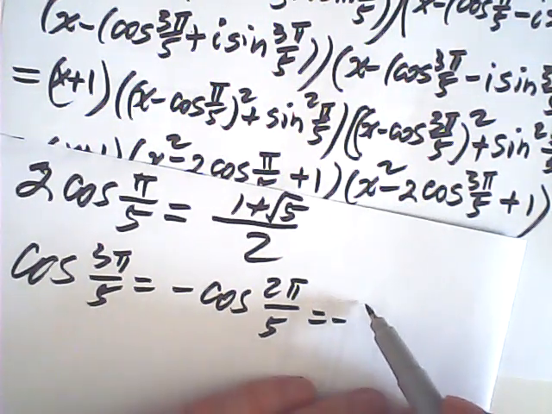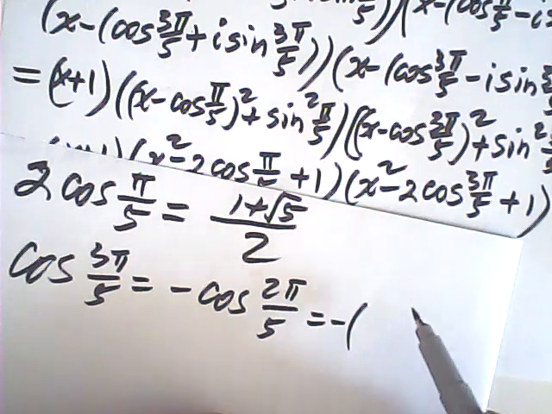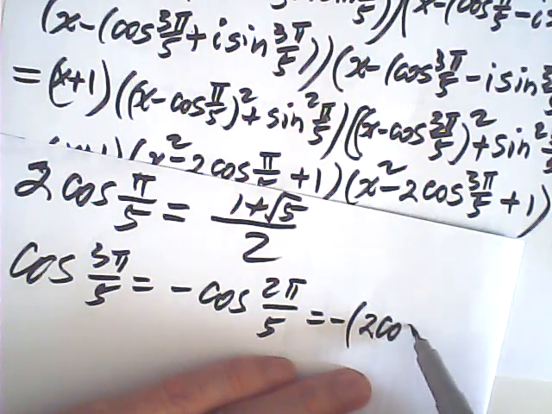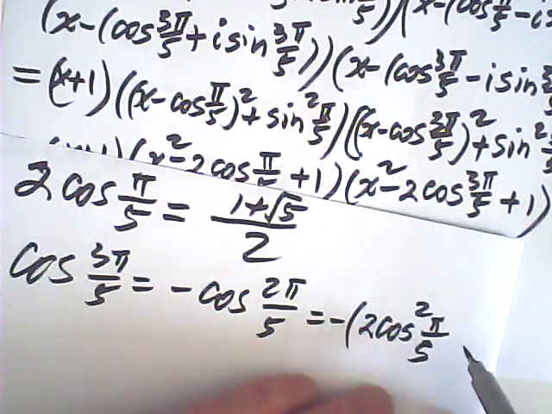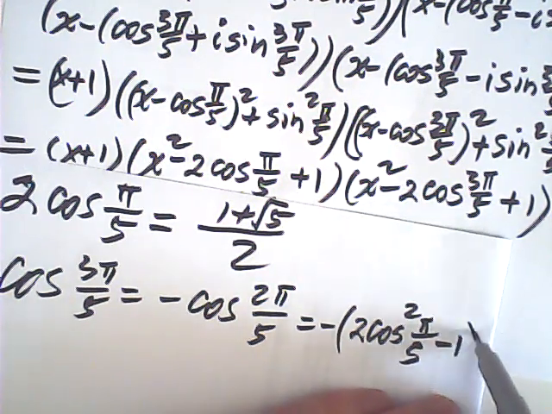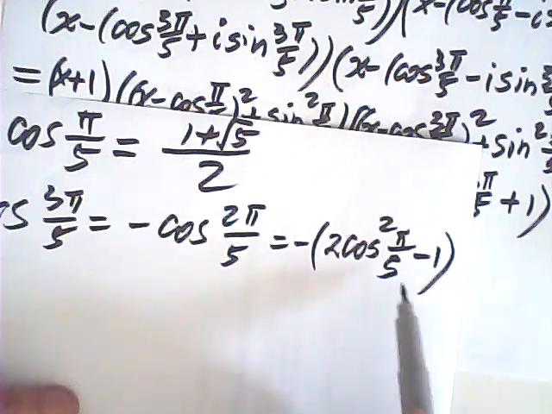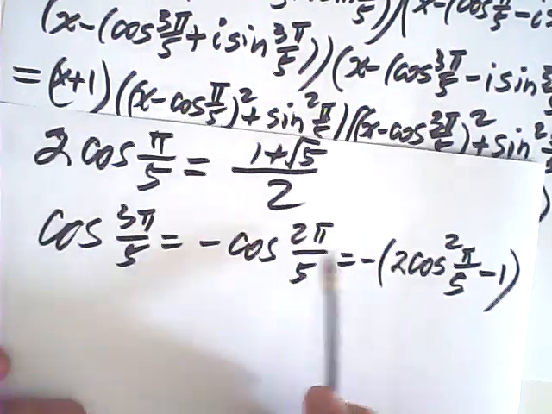And this one is equal to negative, we have a formula, which is equal to 2 cosine square pi over 5 minus 1. Well, do we have this formula? Yes. Let me verify.